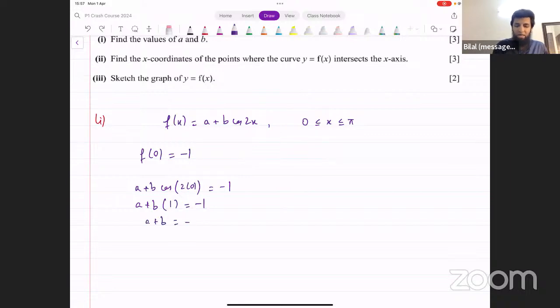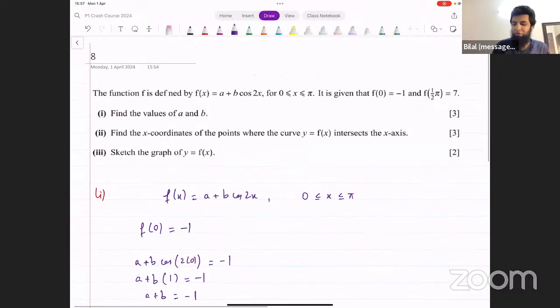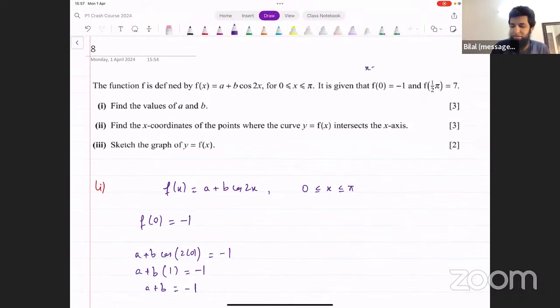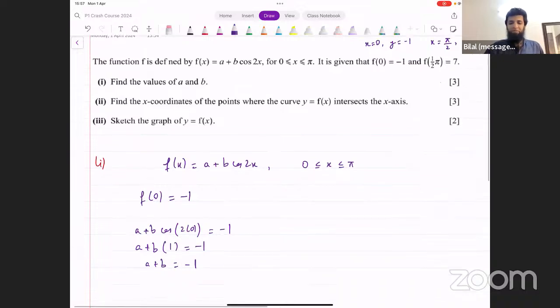All I've done is input this point in the function. So f of 0 equals -1 basically means when x is equal to 0, y is equal to -1. f of pi over 2 equals 7 means when x equals pi over 2, y equals 7. So you just have to input these values.